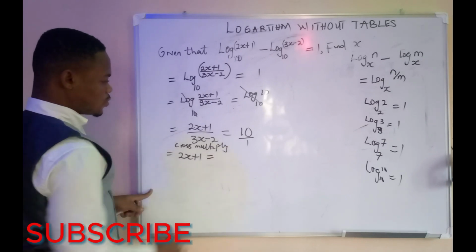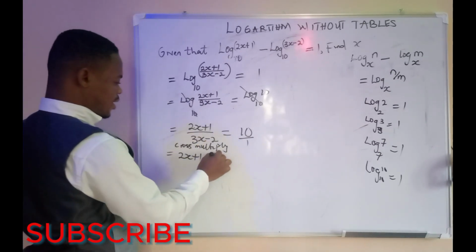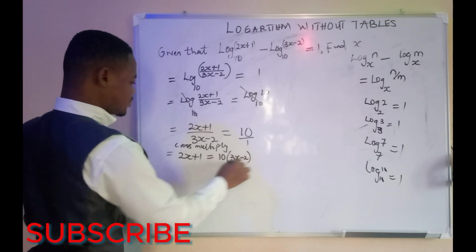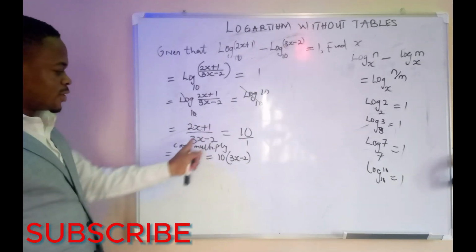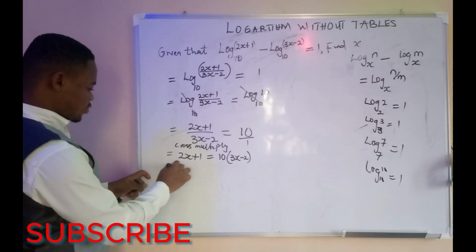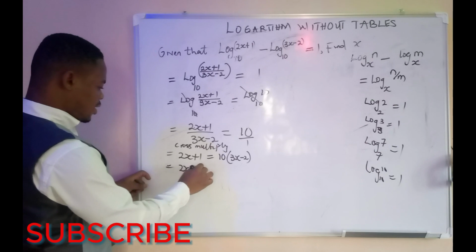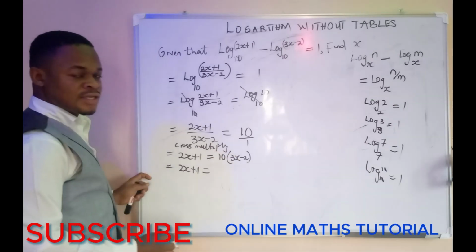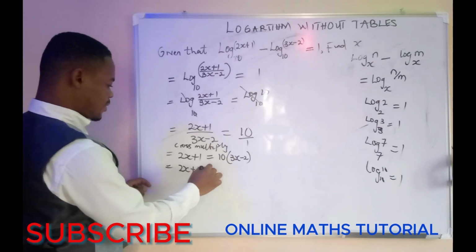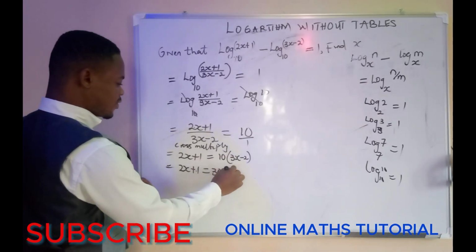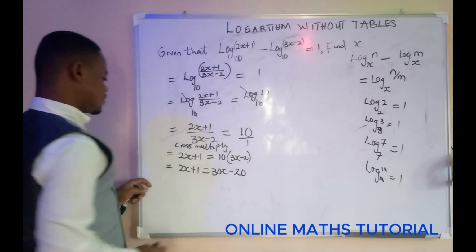And this is equal to 10 into (3x - 2). 10 will multiply all of this. So we have 2x + 1 equals 10 times 3x, which will give us 30x, and 10 times minus 2 will give us minus 20.